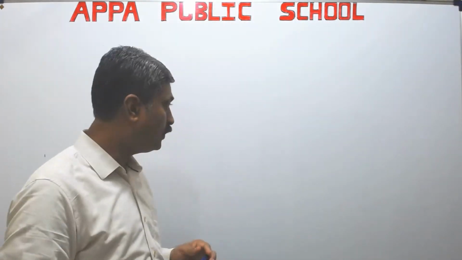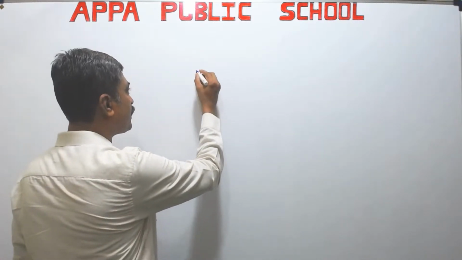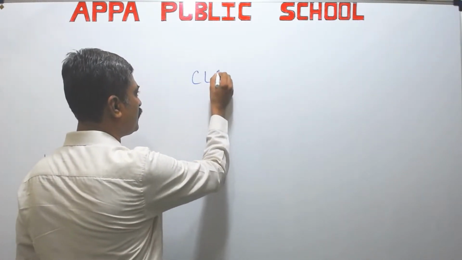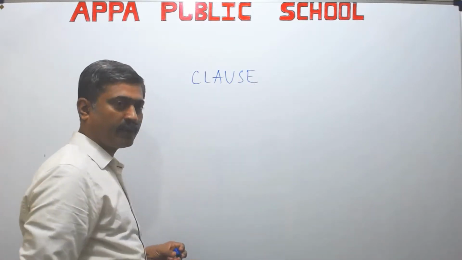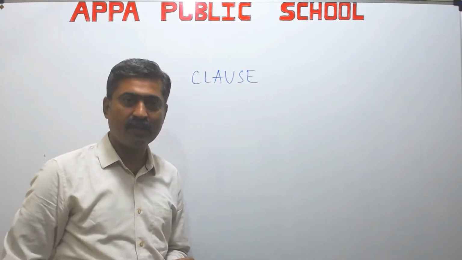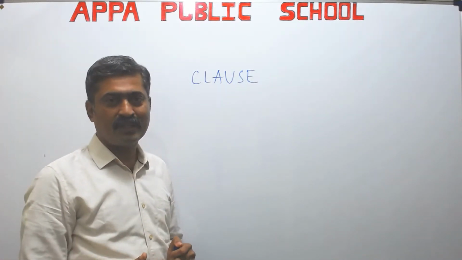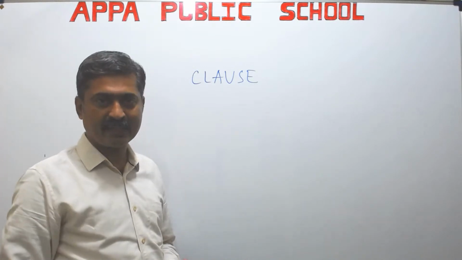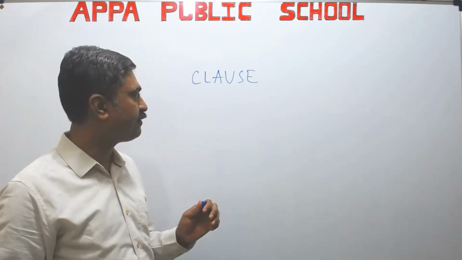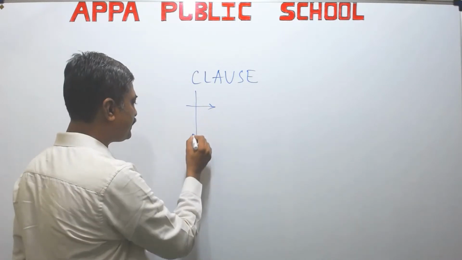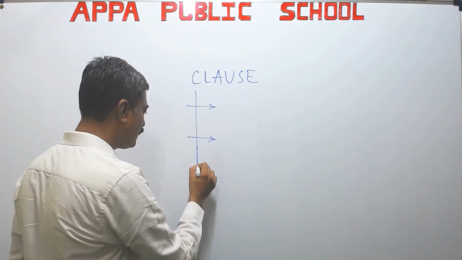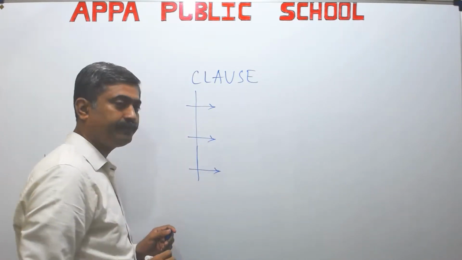So having done with the concept of what a clause is, we want to check out the other part of that. And the other part of that is the three types of sentences that we learned yesterday.